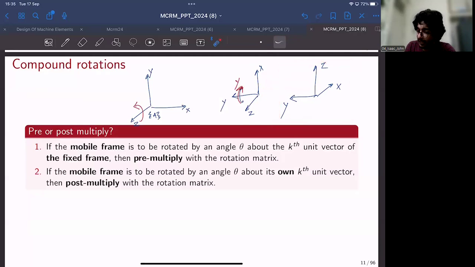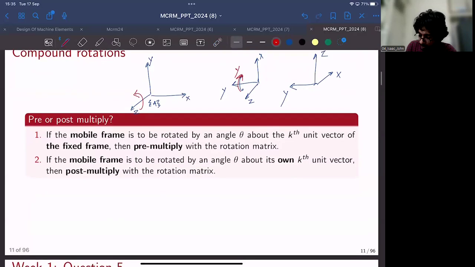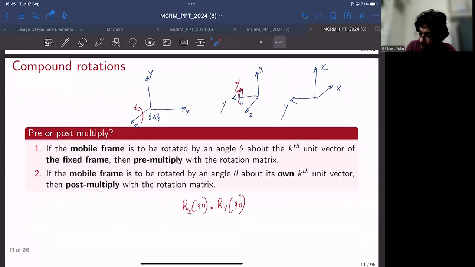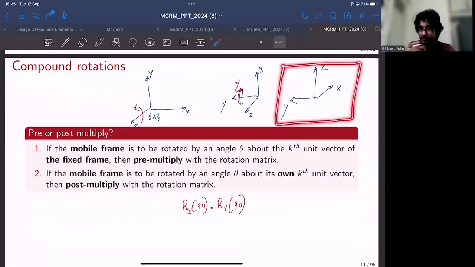To get this final mapping, we do successive multiplication of each of these individual rotations. I rotated with respect to z by 90 degrees. Then I rotate again with respect to y by 90 degrees. If I do that, I'll get this final transformation matrix.